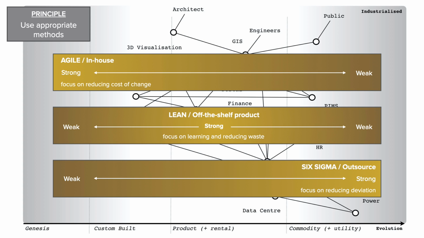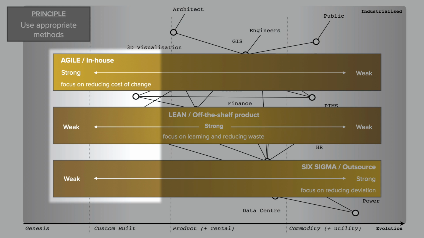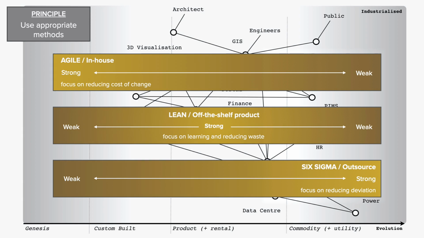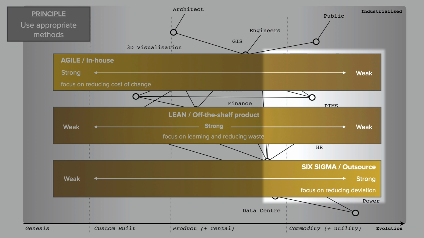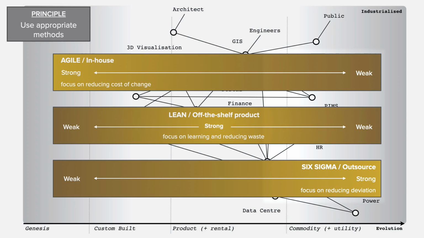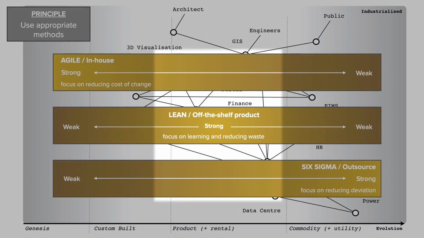The need to use appropriate methods, as there is no one magic method, one size does not fit all. Uncharted components on the left should be done in-house with agile methods, as this reduces the cost of constant change. Industrialized components on the right should be outsourced, as the focus here is on reducing deviation in performance. And components in the middle can be bought off the shelf.